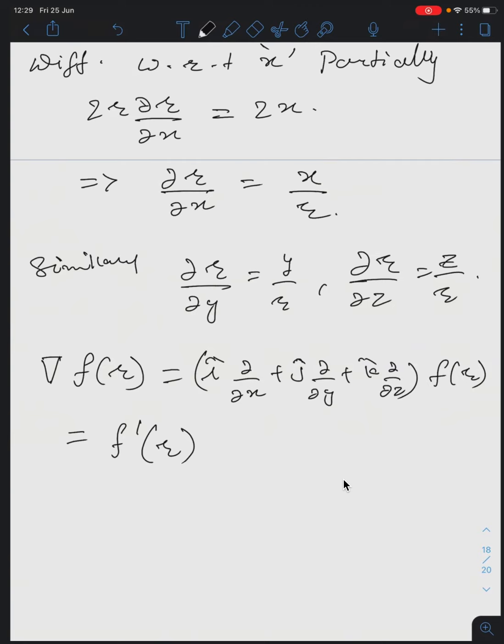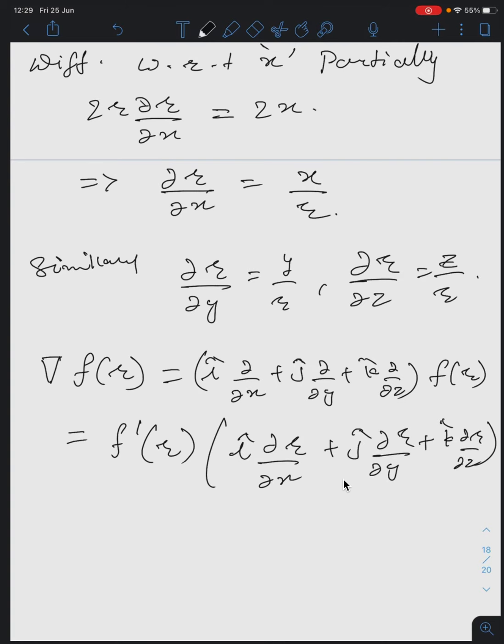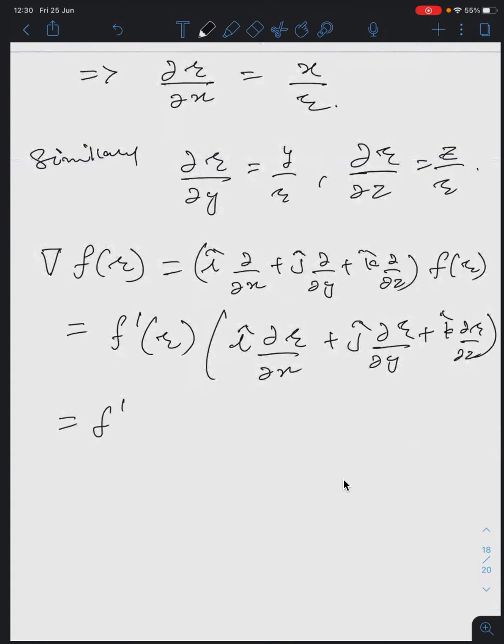So when you apply this operator on f, you will get f dash of r. Now this will be i cap dou r by dou x plus j cap dou r by dou y plus k cap dou r by dou z. Understood now? Yes, ma'am.